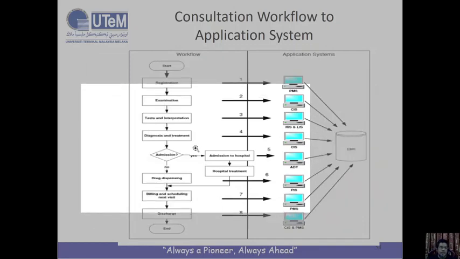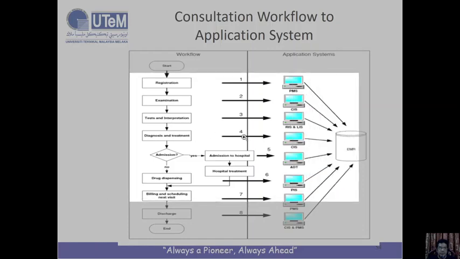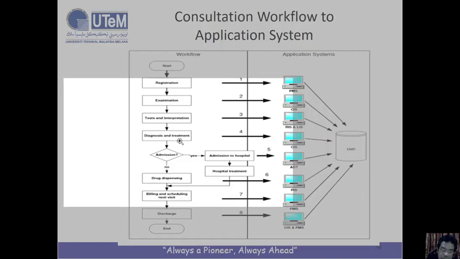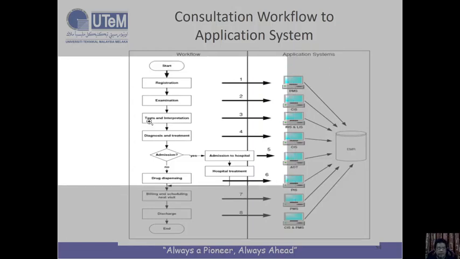Then the next step is diagnosis and treatment. This is also a candidate application system. When you talk about diagnosis and treatment, it normally involves the doctor. During the doctor-patient consultation, they will diagnose this patient based on the information they got from the test and interpretation.